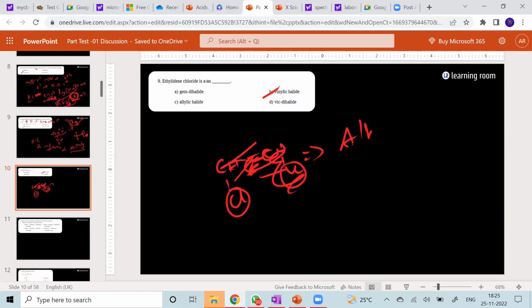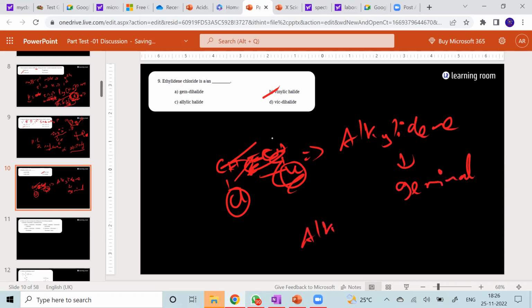So if they give you alkylidine, that should be geminal, right? And if they give you alkylene, that is going to be vicinal. Now they have given ethylidine, so alkylidine it is, so it should be geminal dihalide.